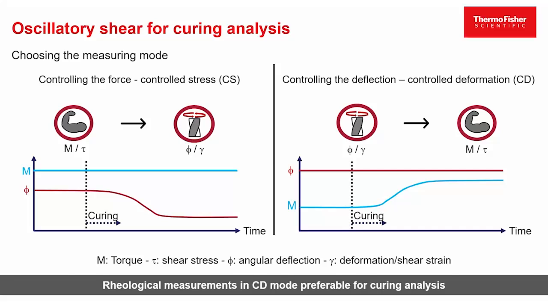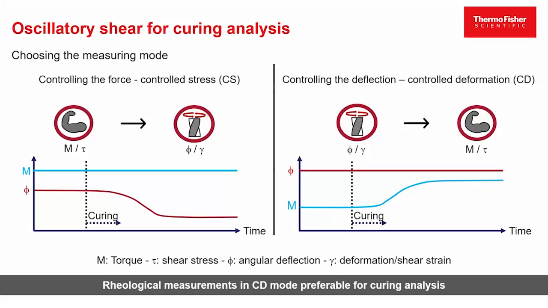We can control the deflection, the deformation, and we can monitor the torque that is needed to maintain such a deflection. Here, the detected torque when actually measuring the uncured sample might be too low to ensure a good signal to noise ratio, but the structure buildup in general will not be disturbed throughout the experiment.